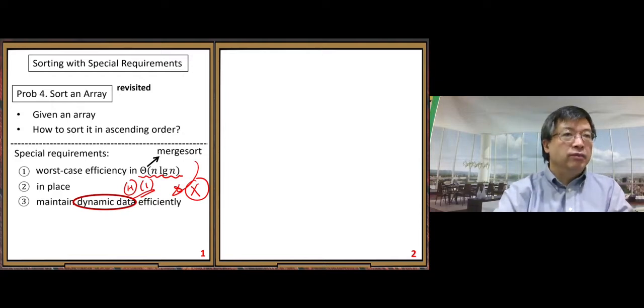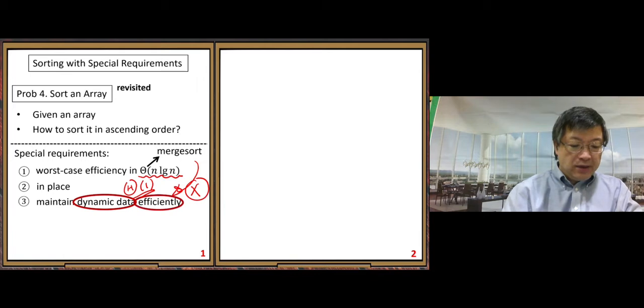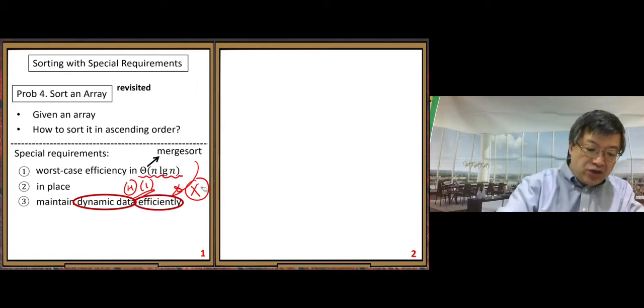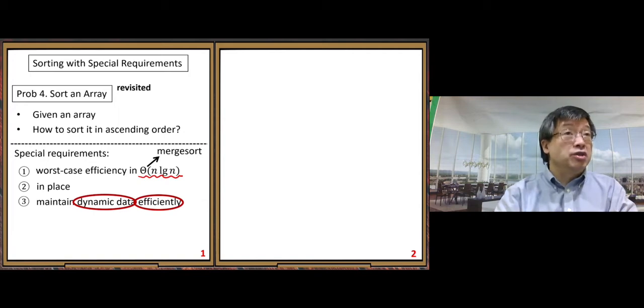So that's why we need a completely new sorting algorithm. All right. So what do you mean by efficiently? Yeah, we want to handle the dynamic data, but what do you mean by efficiently? How fast is acceptable in terms of efficiency?